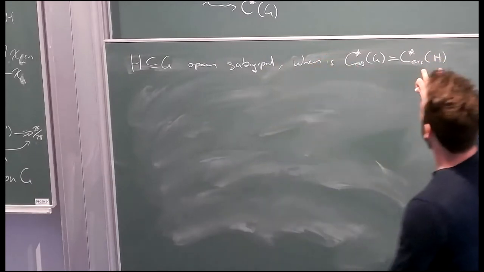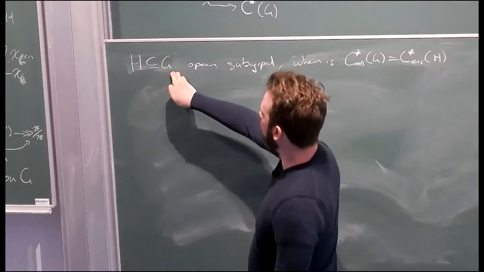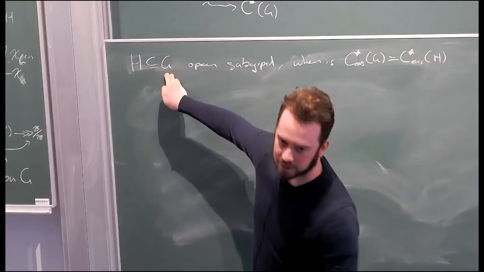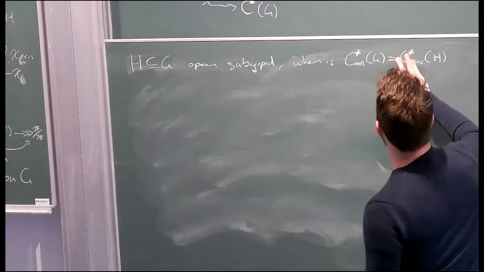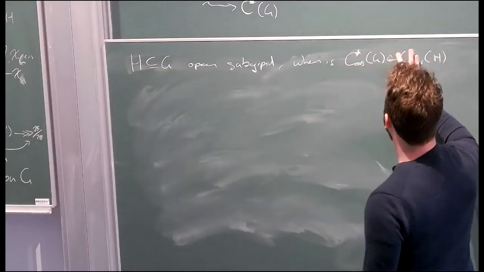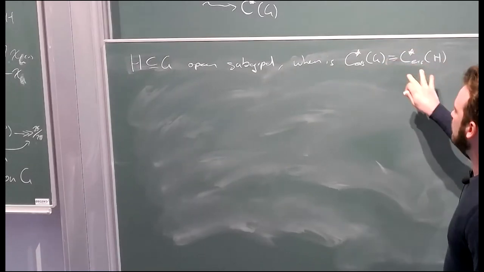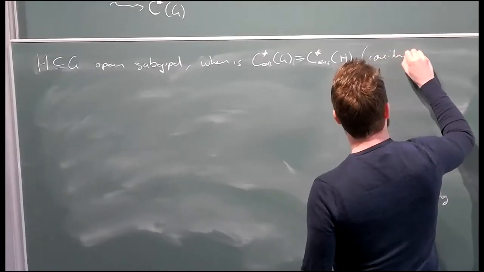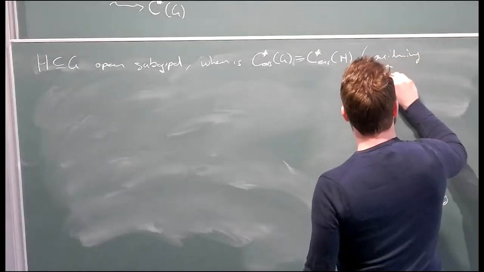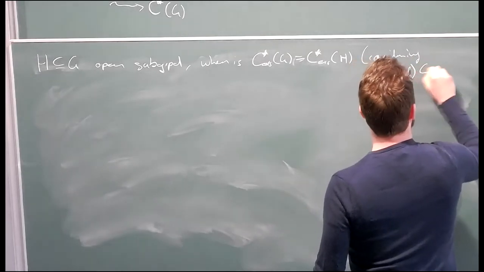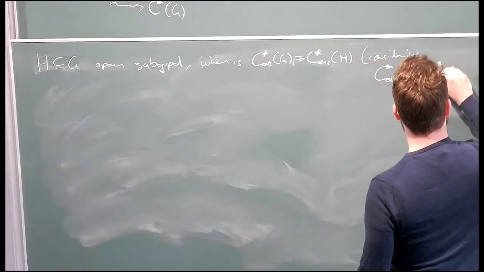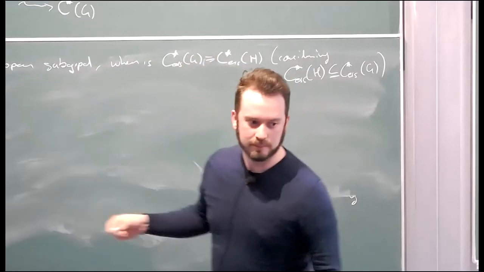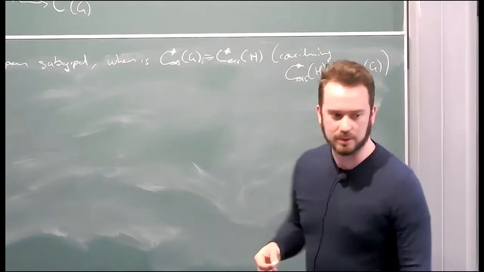And when I say equal, I mean that since this is an open subgroupoid, I can take functions in here and extend them by 0 to functions in here, and that induces an inclusion going this way. So when I talk about equality, I mean considering the essential groupoid C-star algebra of H as a subalgebra of the essential groupoid C-star algebra of G. And to make this consideration, you need open. Otherwise it doesn't work.